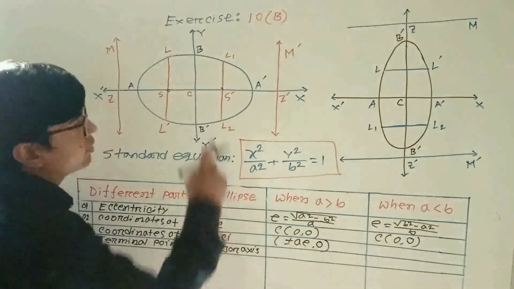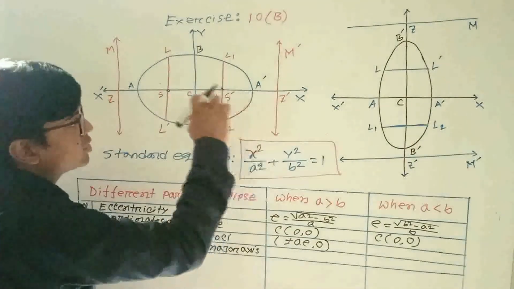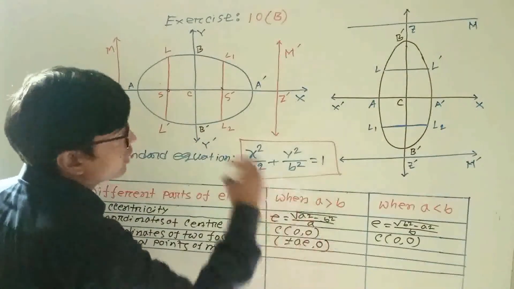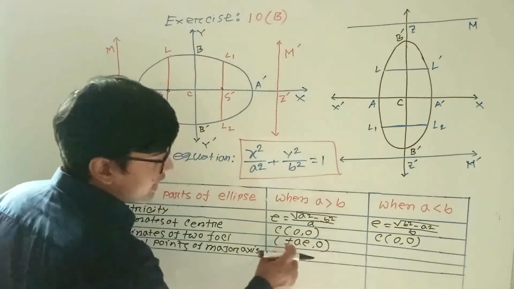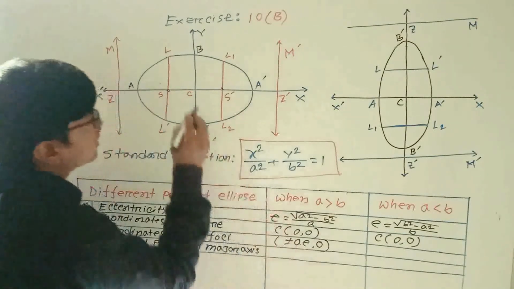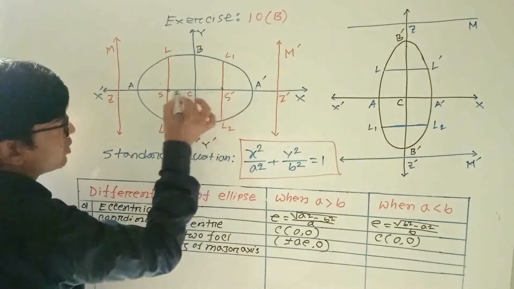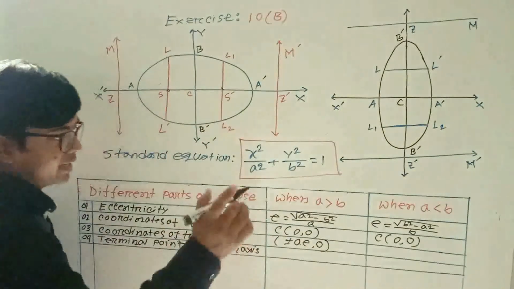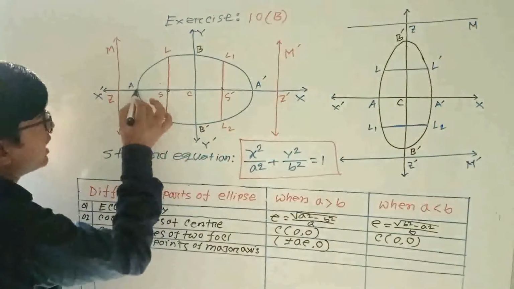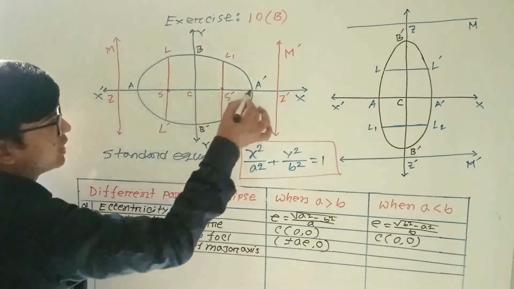The foci are on the x-axis, that's why y equals 0, that means the ordinate will be 0. Look at this, this is the center. This part will be positive and this part will be negative. That's why plus minus AE, 0. And this part, A and A prime, is the major axis.